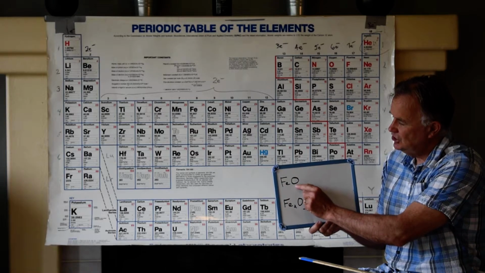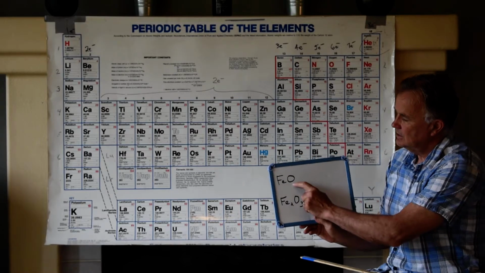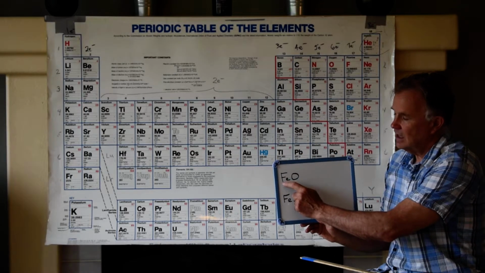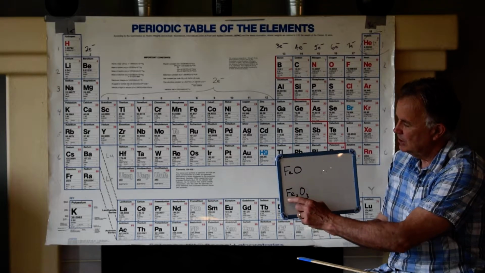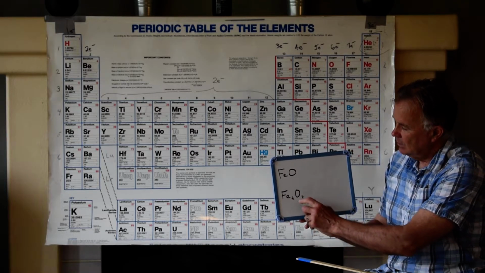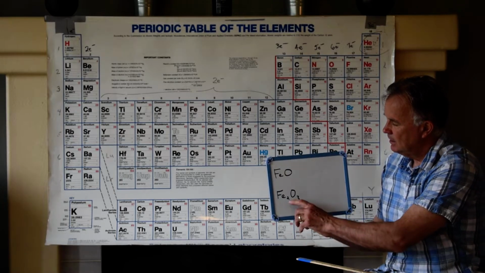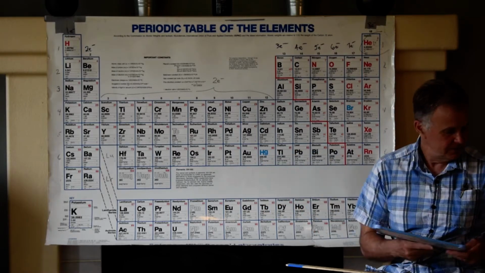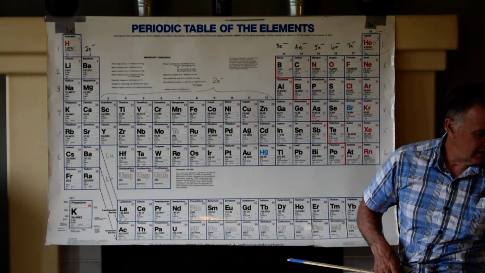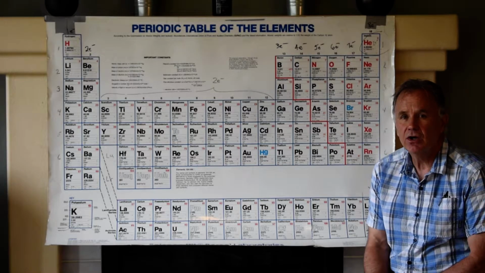Oxygen is always going to be -2. So if it combines 1-to-1, that's got to be a 2+. Over here, Fe2O3, which is rust, 3 oxygens, 3 times 2 is -6. So that's a 2, so this would have to be a 3+. You guys can figure that out. Make sure you know how to name those binary compounds.